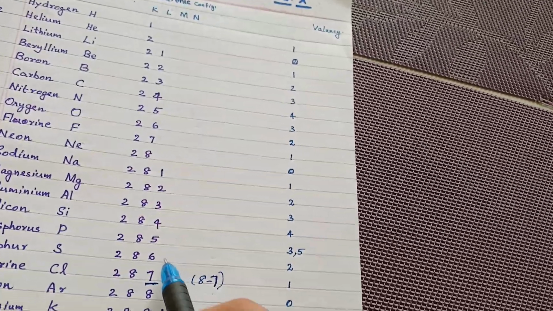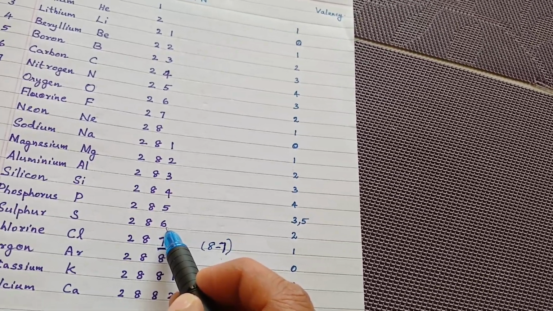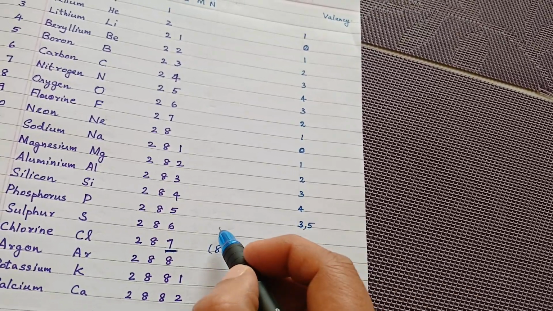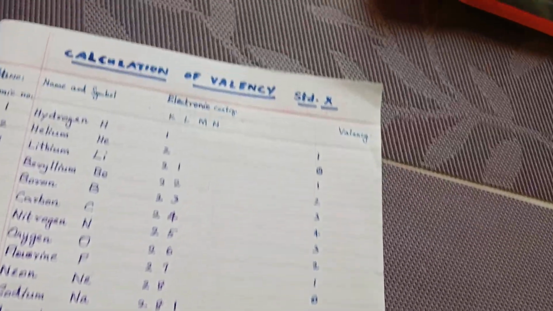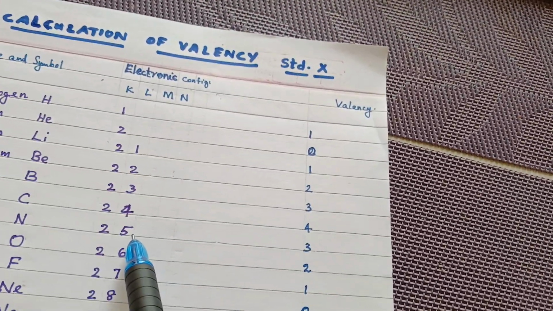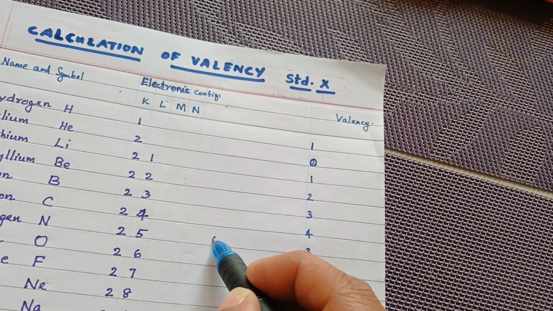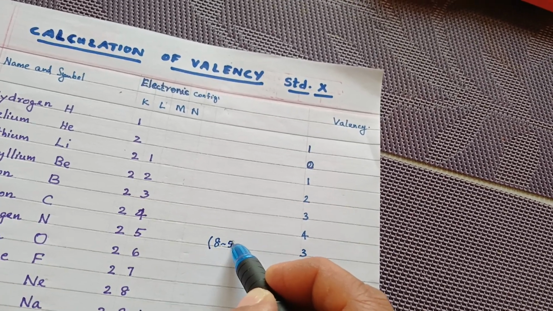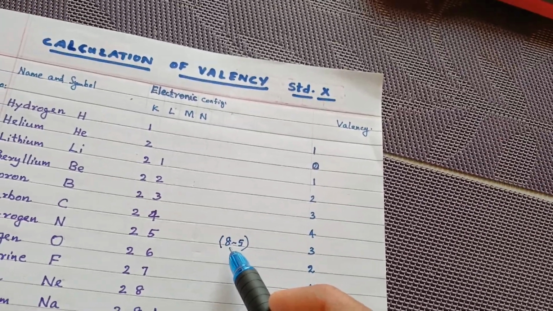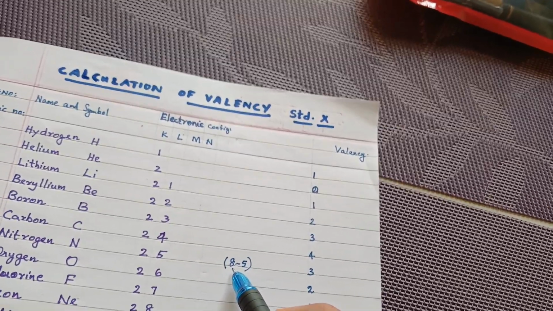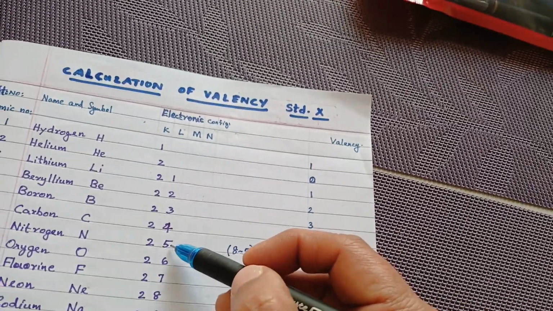Say in the case of sulfur, it is having 2, 8, 6. 6 is the number of valence electrons. So its valency should be 8 minus 6, which is equal to 2. Let us take nitrogen. Nitrogen is having 5 electrons in its outermost shell. So its valency should be 8 minus 5, which is equal to 3. Now where did we get this 8 from? 8 is the maximum number of electrons that can be accommodated in that particular shell.